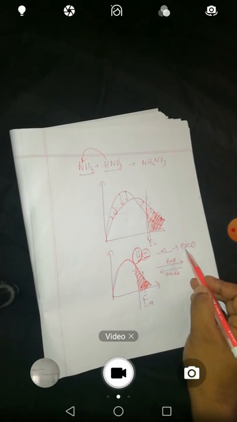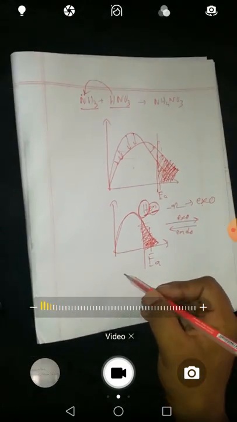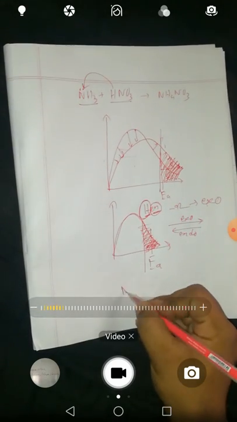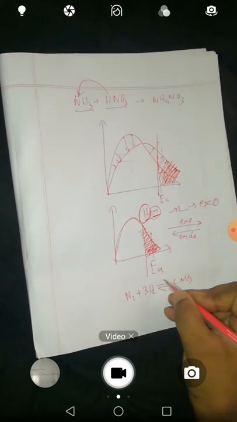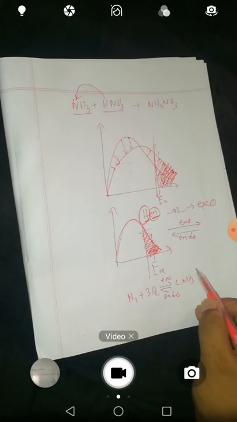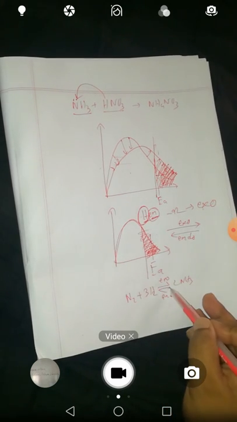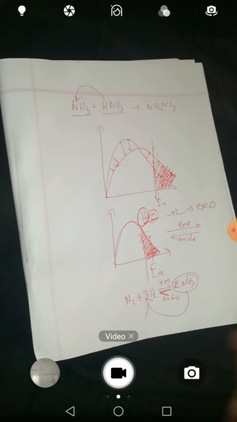So if you use a high temperature, then nitrogen plus 3 hydrogen gives 2 molecules of ammonia. This is exo, this is endo. High temperature favors endo, so the reaction will go endo at high temperature. That means more ammonia is broken down to give nitrogen and hydrogen. That would be the problem. So that's why we are not using high temperature.